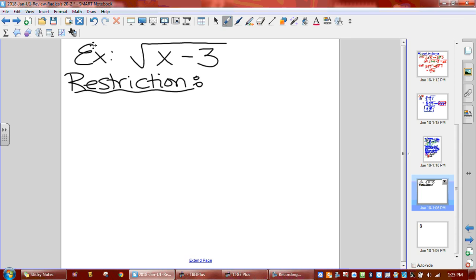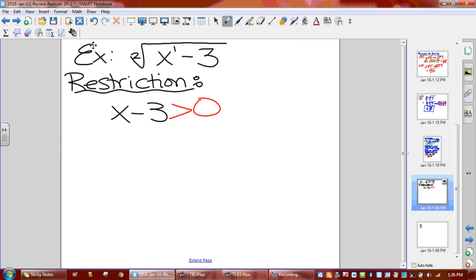So he just stays in there. It's already simplified. So now what I've got to do is I take it out of the root sign, x minus 3, and I make it always starting like this, greater than 0. Actually, it's going to be greater than or equal to 0. Because things can equal 0.